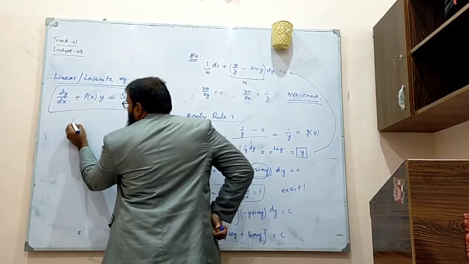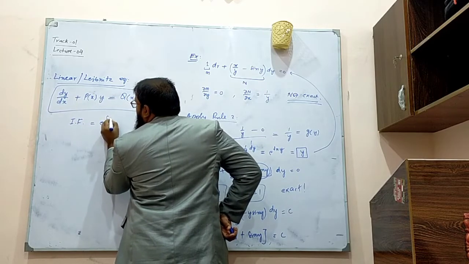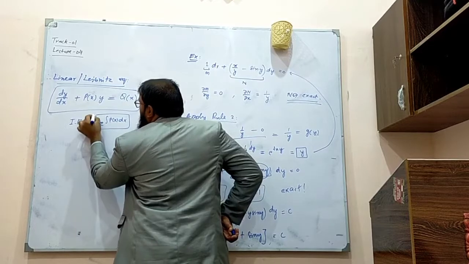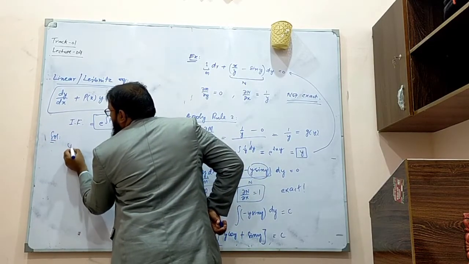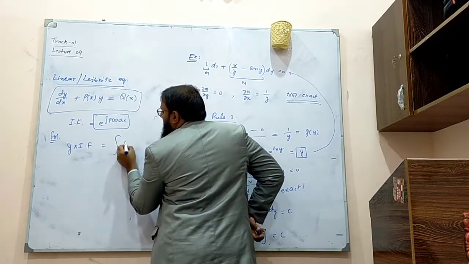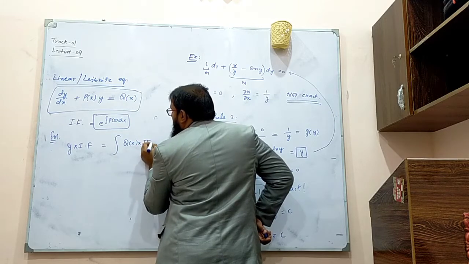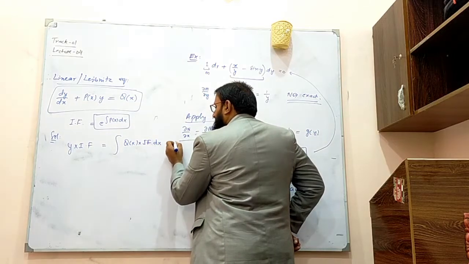The integrating factor for this equation is e power integral p of x dx. This is what we call the integrating factor. And the solution would be simply y times integrating factor equals integral q of x times integrating factor dx. You can add plus c as well.